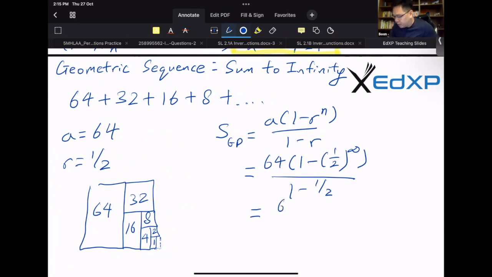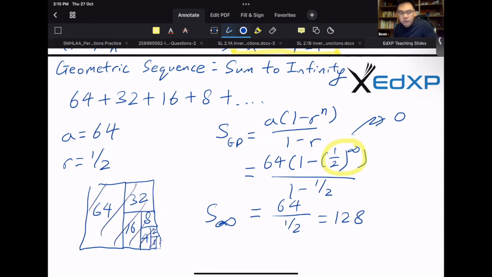And the answer we get is 64 divided by half, which is 128. So this is the sum to infinity because this term over here goes to 0, approaches 0, so we can eliminate this term. So the sum of a geometric series, for this case the sum to infinity, I'm going to change the symbol now, is 128, which is the area of this grass field over here.